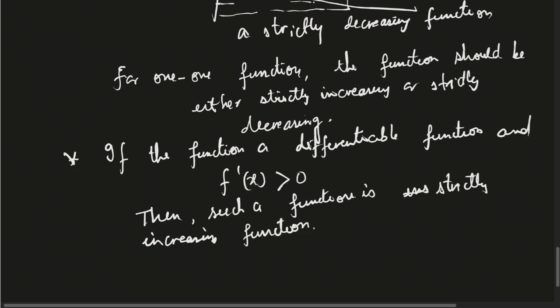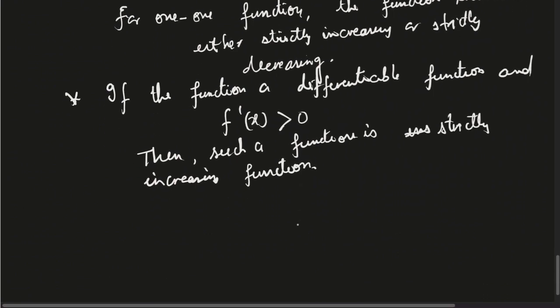So when you have to show that a function is strictly increasing, you can show that its f dash x is always greater than 0.